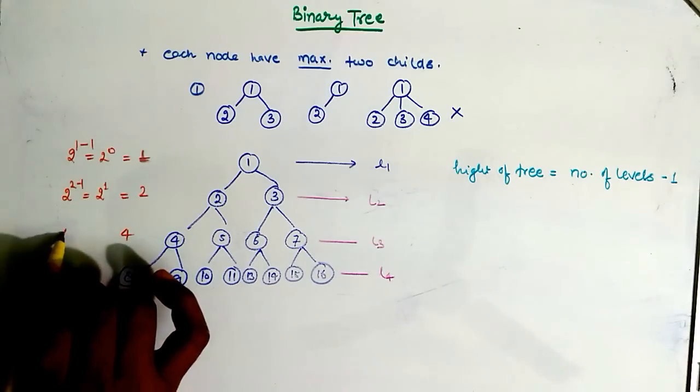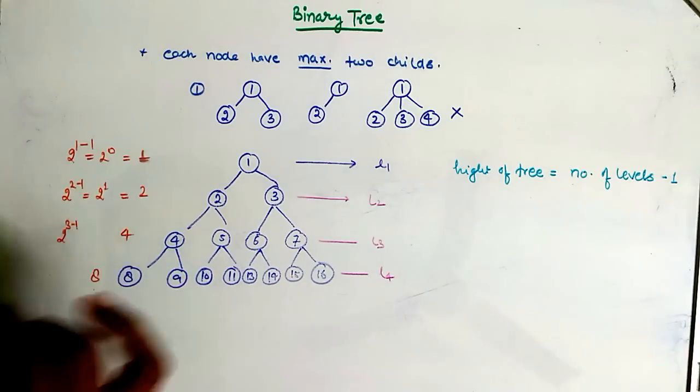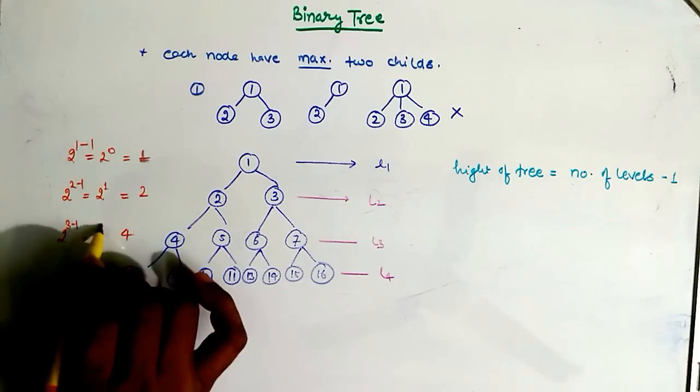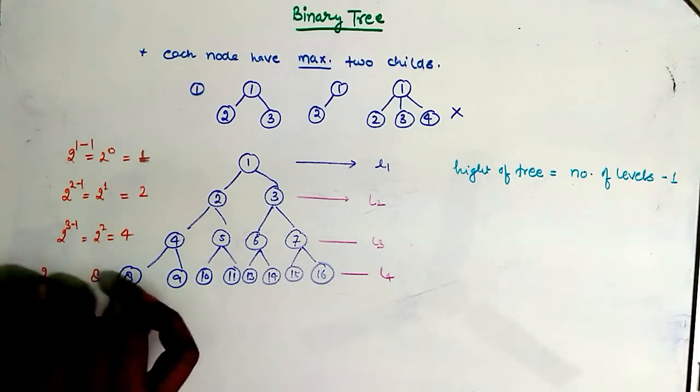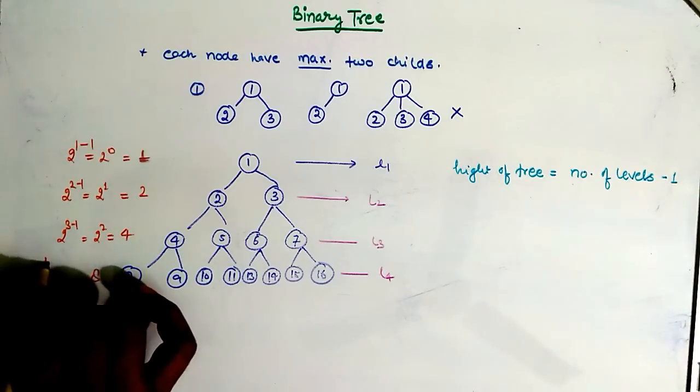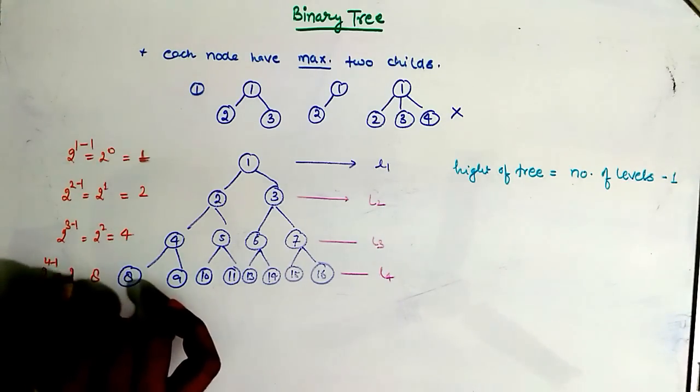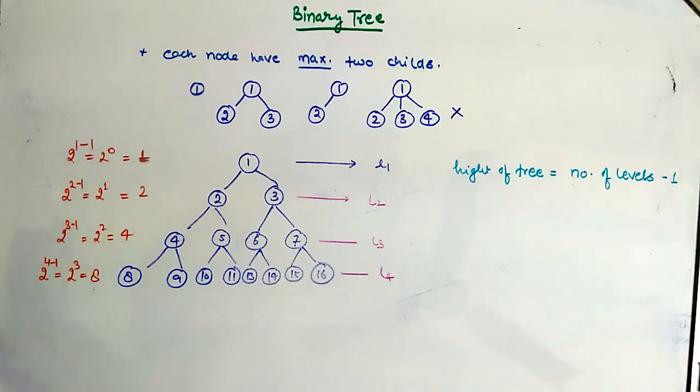At level 3, we have 2 to the power 3 minus 1, or 2 to the power 2, or we can say that 4 nodes are there. At level 4, we have 2 to the power 4 minus 1, or 2 to the power 3, or we can say that 8 nodes are there.